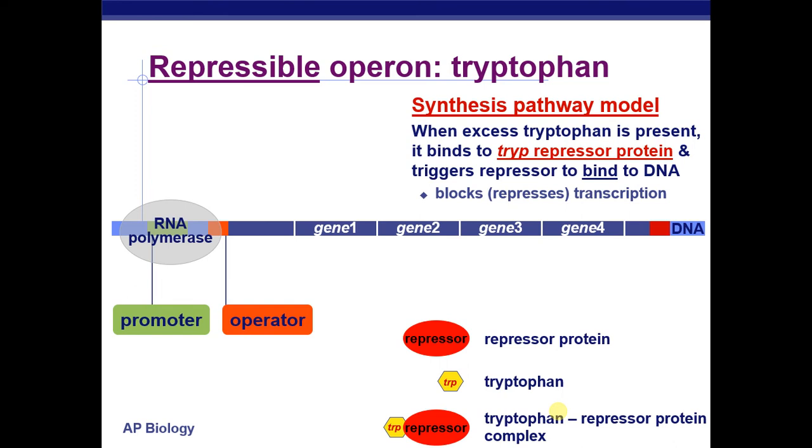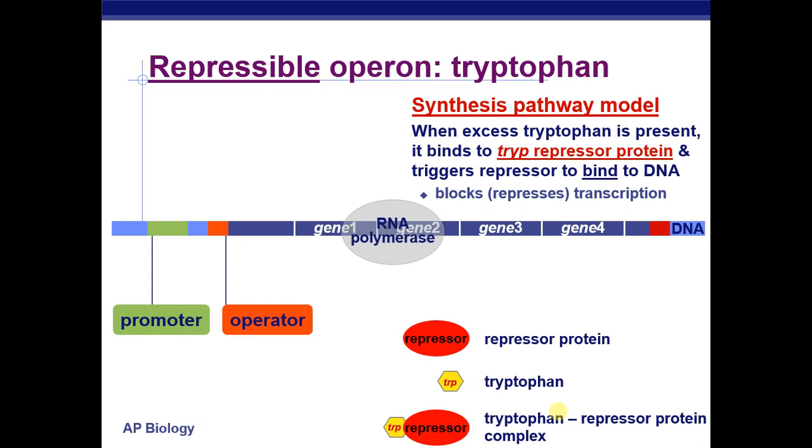Okay, so in a repressible operon, the repressor is inactive normally. Let's say at the null state, at the normal state, the repressor is inactive, which means that normally RNA polymerase is able to bind to the promoter, move past the operator, and transcribe all of the genes. But when tryptophan is present, that's the stimulus, tryptophan will activate the repressor protein and cause it to be able to bind to the operator, blocking RNA polymerase binding.